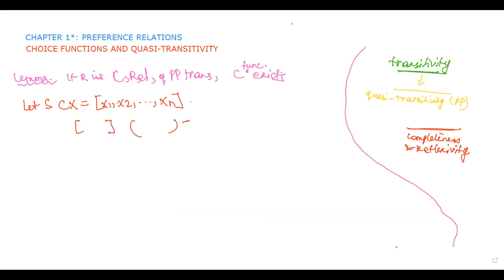So now we assume that it is true for n is equal to k. Therefore {x1, x2, ..., xk} has a best element.